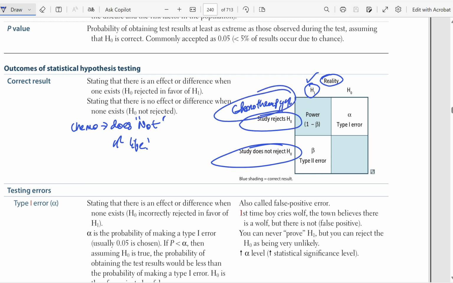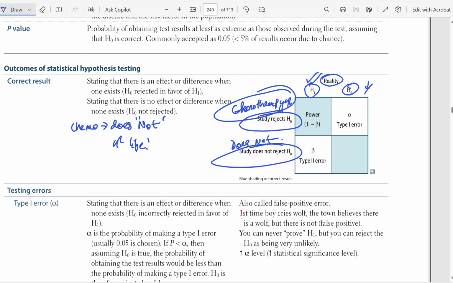So it's a true positive. But let's just say chemotherapy increases life, and chemotherapy does not increase life. In reality, chemotherapy really does increase life, or in reality, chemotherapy does not increase life, or chemotherapy decreases life. So now we want to test it.